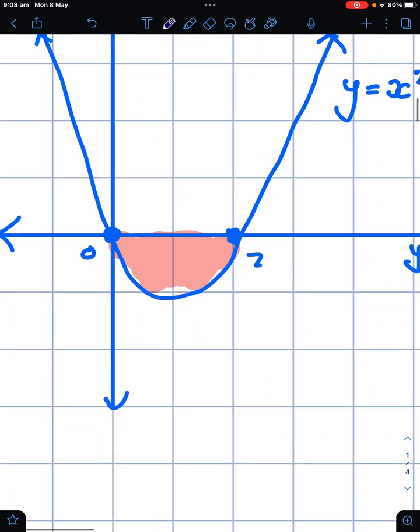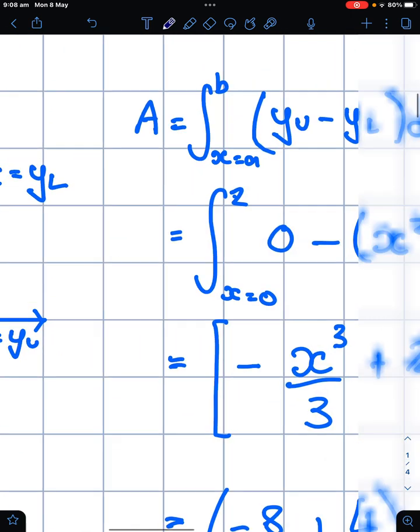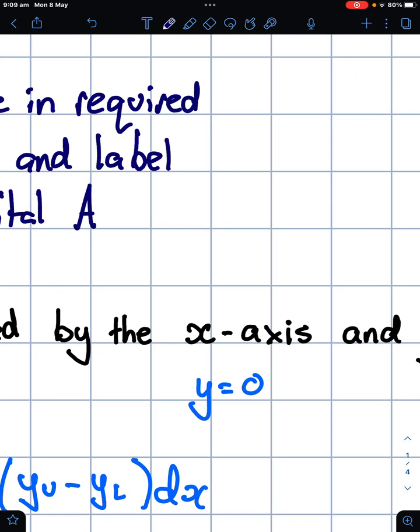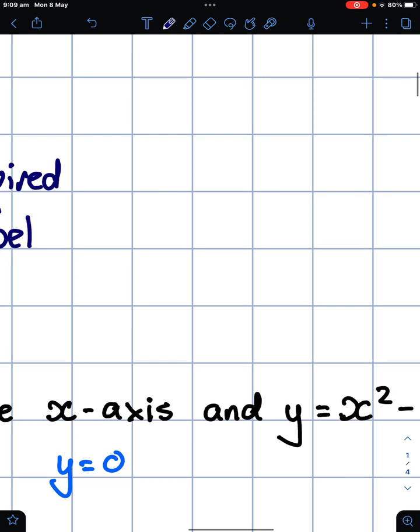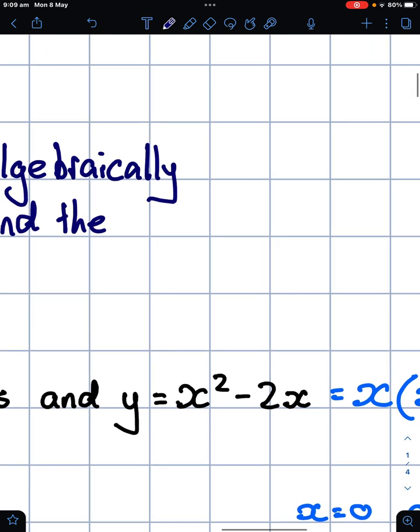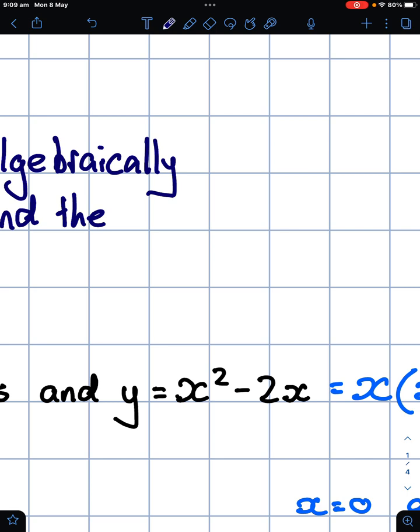So I should have had A here for the area. And then using algebra, so algebraically, find the definite integrals.